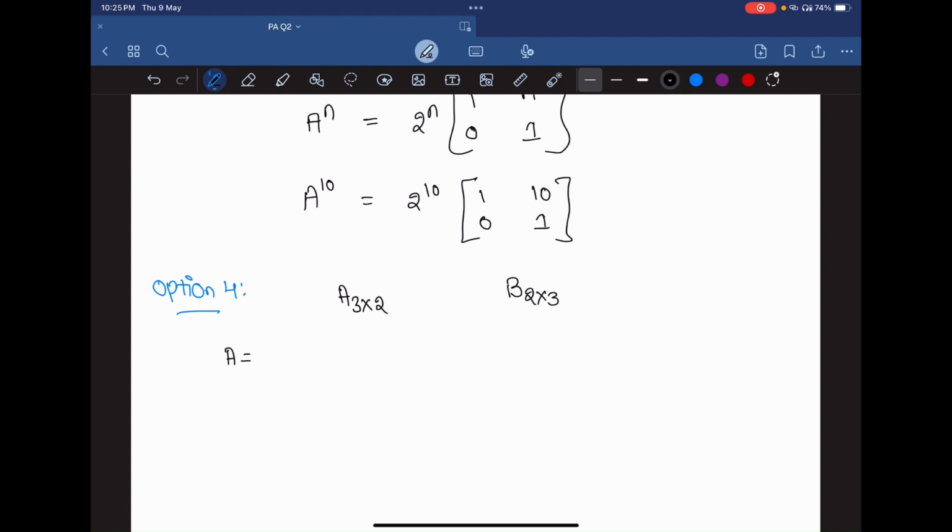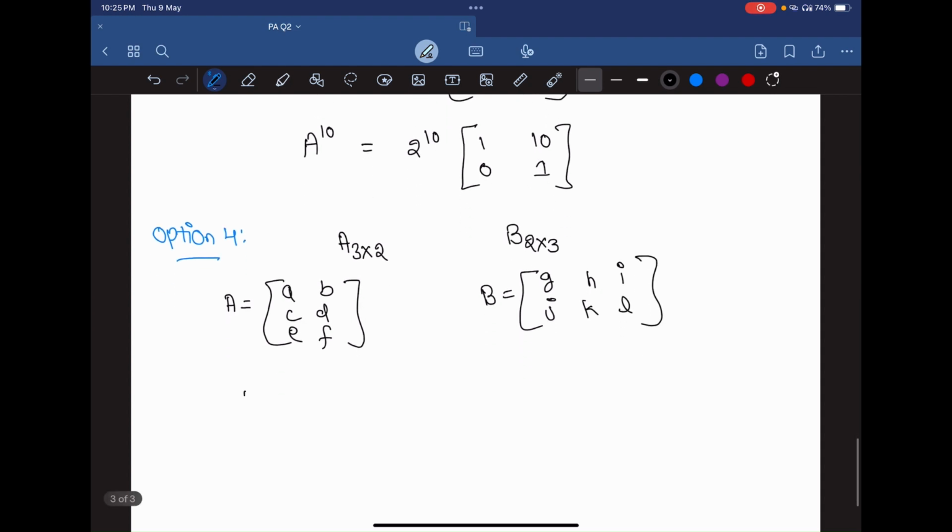So for example, consider the matrix A to be [a, b; c, d; e, f] and matrix B to be [g, h, i; j, k, l].